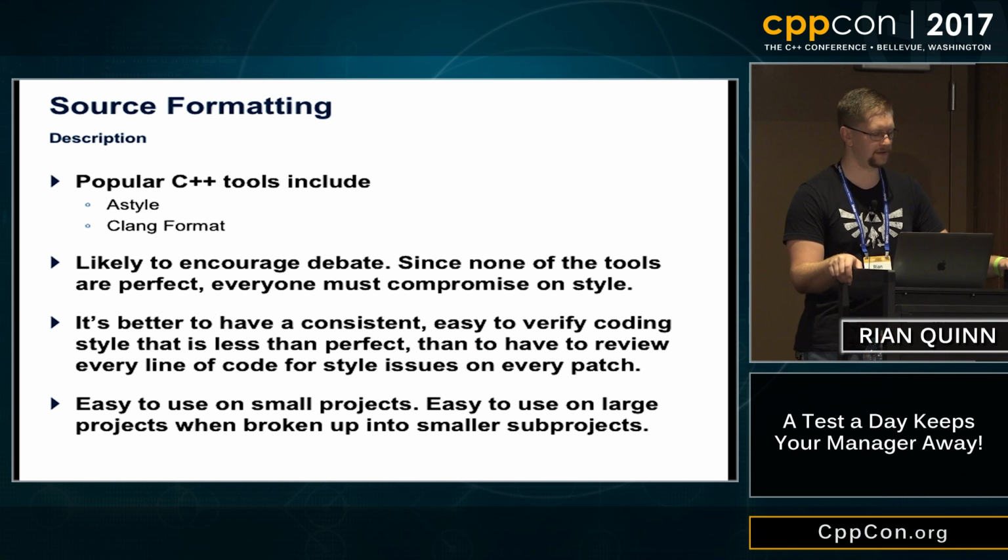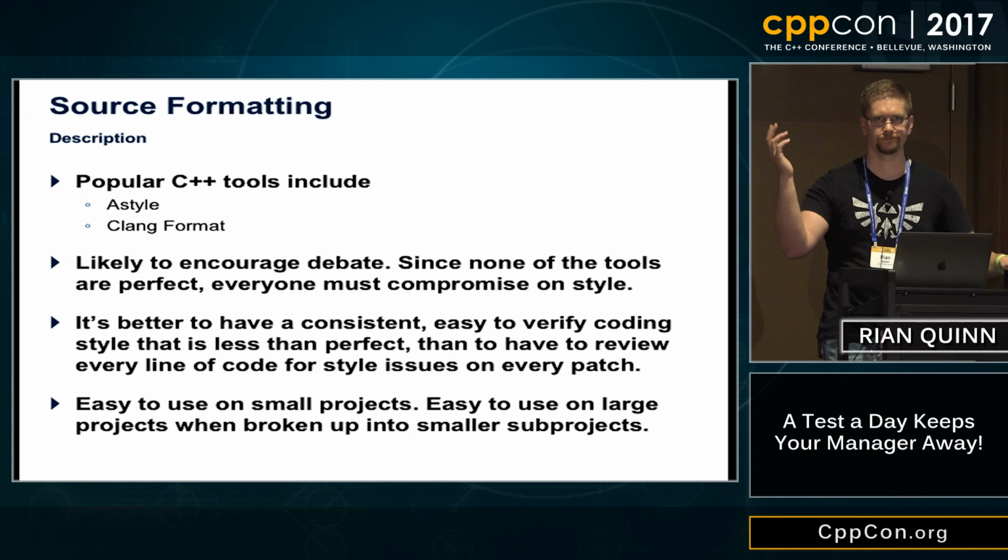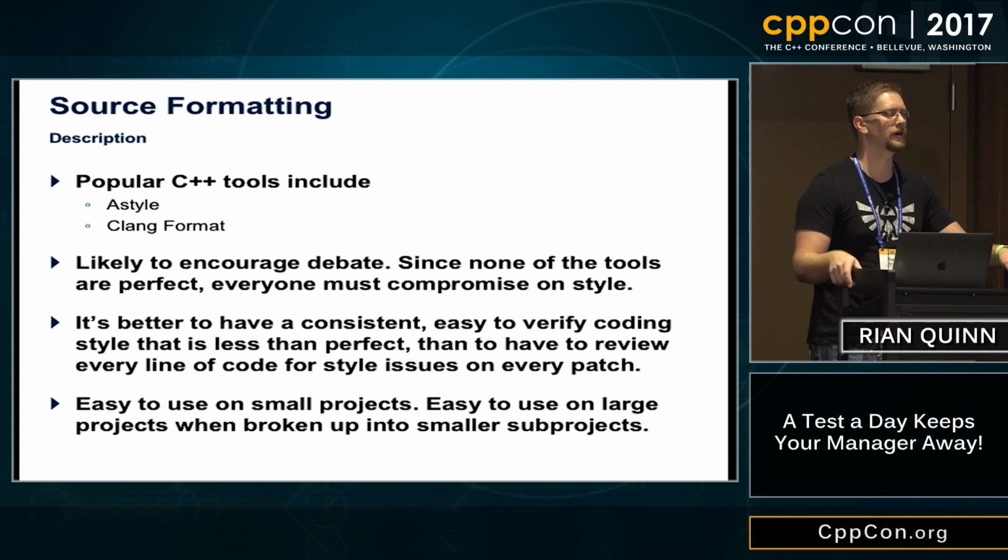The other note I'll make, and one reason I like A-style over Clang format, is that you really want to package up your source formatter and some of these tools in general with the environment, on a specific version, with your build system. The reason is that if I take, say, A-style version 2.x and run it against my source code, and somebody else happens to have A-style 3.x, they're going to find different things.